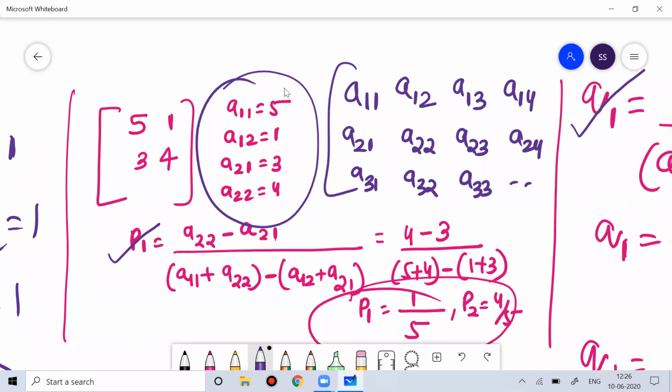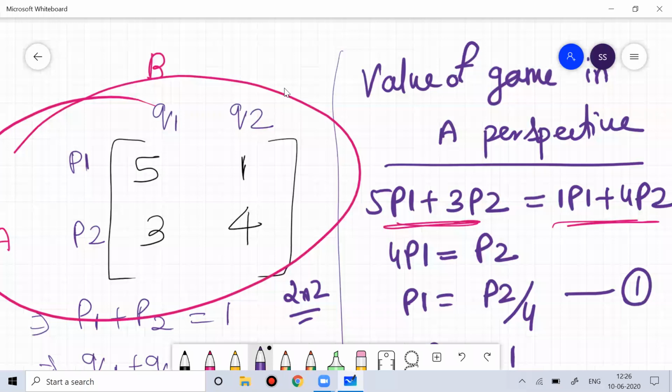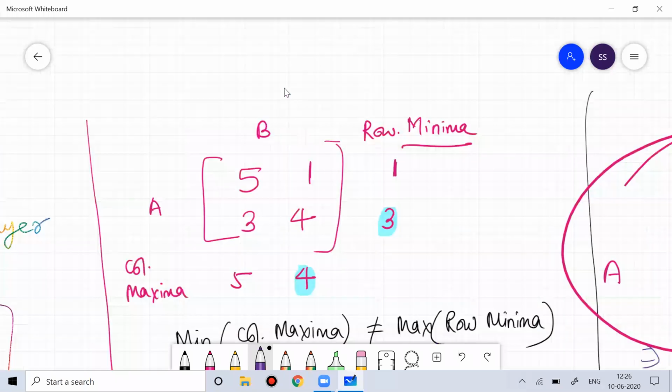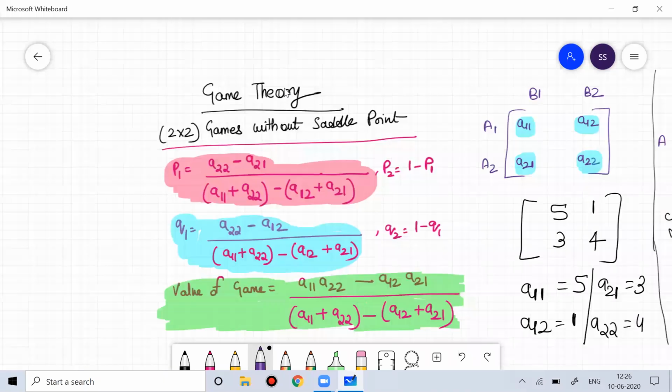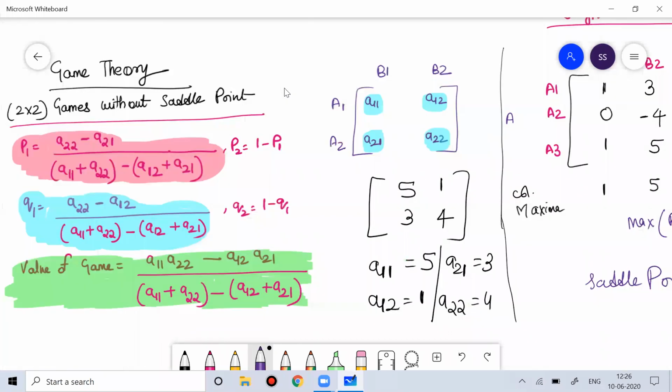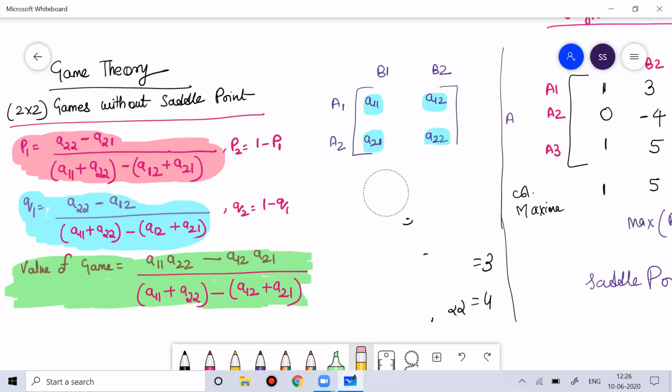Based on this formula, solve this problem. Let me give you one problem. Now, use this formula and solve this problem.